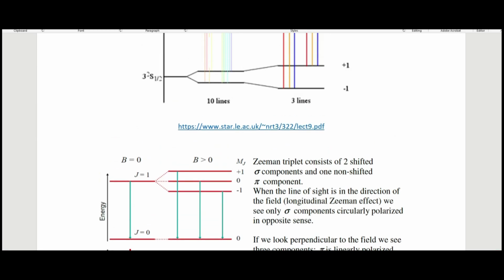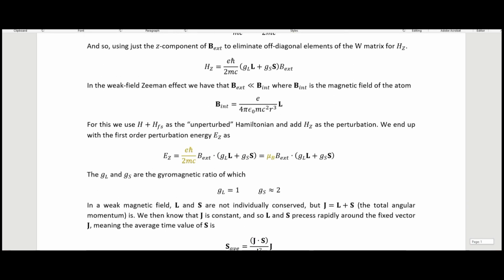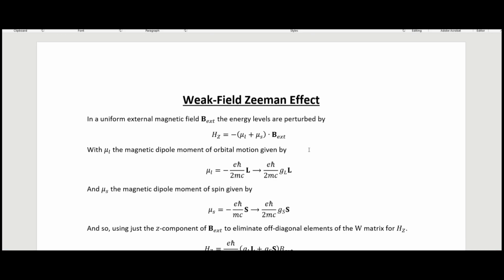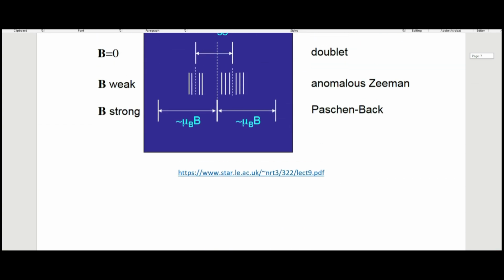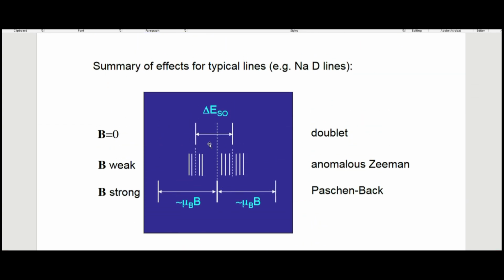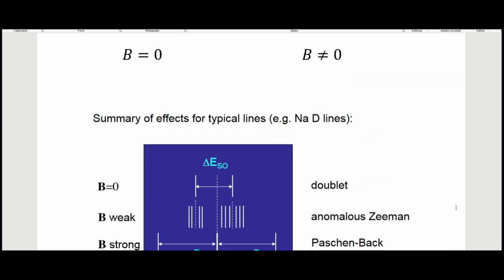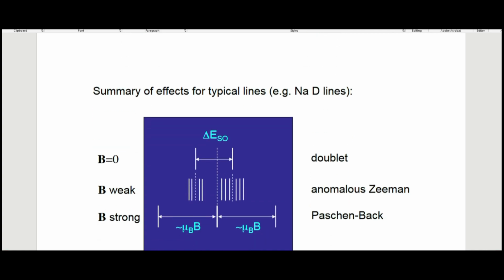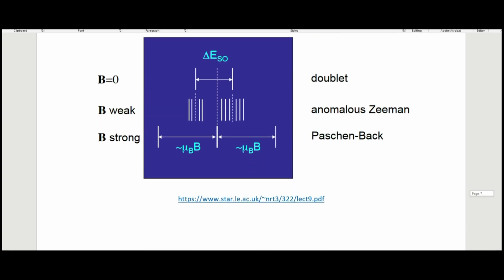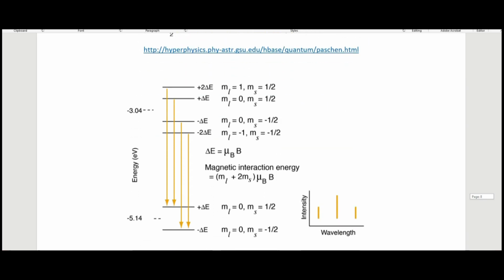But anyway, that was everything I wanted to discuss in this video. I think the take-home message is summed up well in this one. This figure right here is a nice take-home message for the difference between the weak and strong field Zeeman effects, and how the Zeeman effect affects the spectral lines that you will see from a substance.